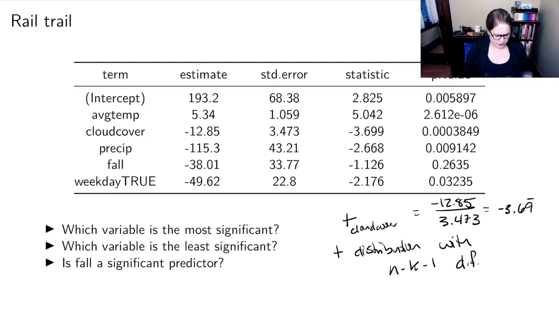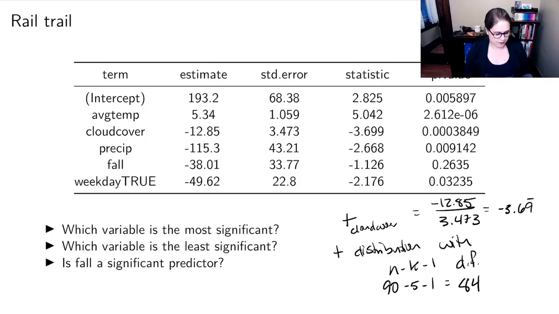I'm not sure I told you what n was, but it is 90. And k is the number of predictors, again 1, 2, 3, 4, 5. The minus 1 is for the intercept. So in this case, 90 minus 5 minus 1 is 84, and we'd need to look at a t-distribution with 84 degrees of freedom.